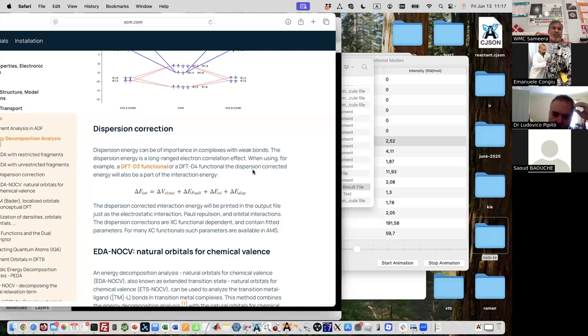For example, if the electrostatic is quite important for the higher barrier, you can tune the electrostatic interactions by changing the molecular system. So it's quite useful. I will share some literature in Slack. You can have a look.